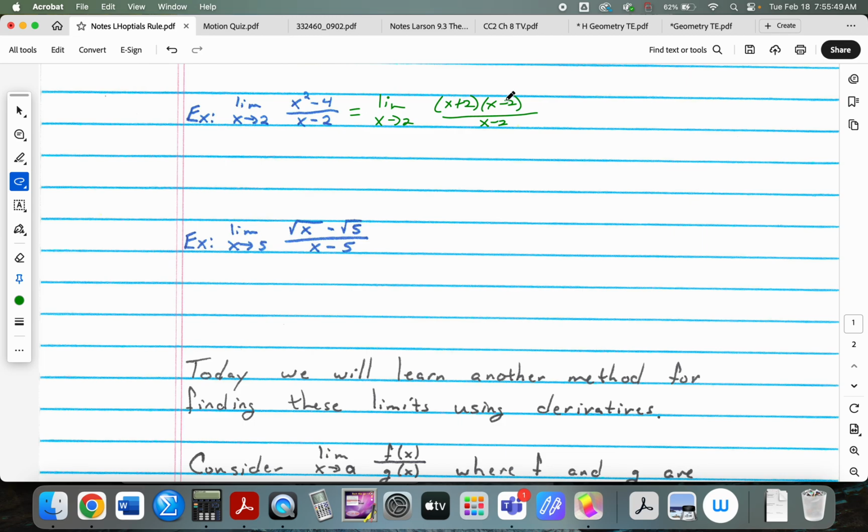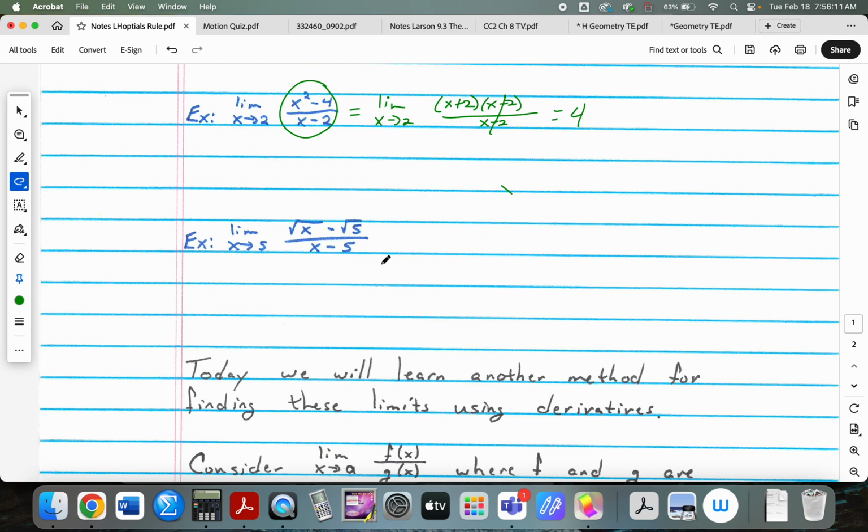So we could go, okay, well, this is 1 everywhere except for at 2, so we would cross that out and say that's 1, and then this limit is 4. And if you were to graph x squared minus 4 over x minus 2, there would be a hole in the graph at x equals 2, but the y value would be very close to 4.